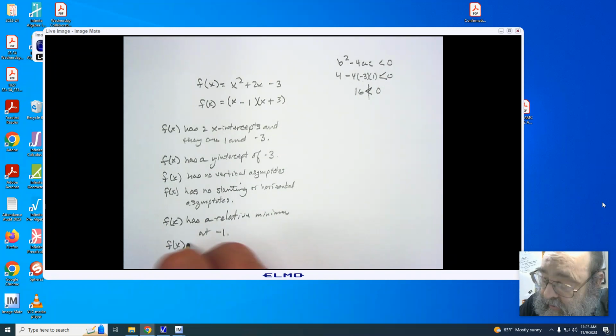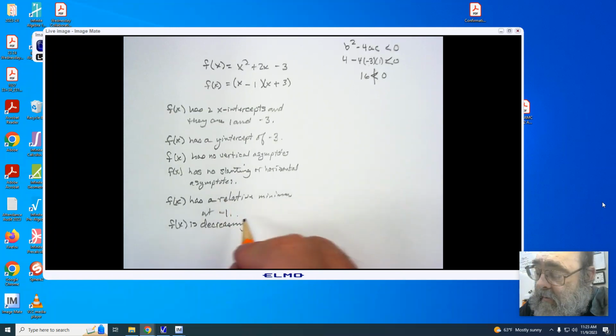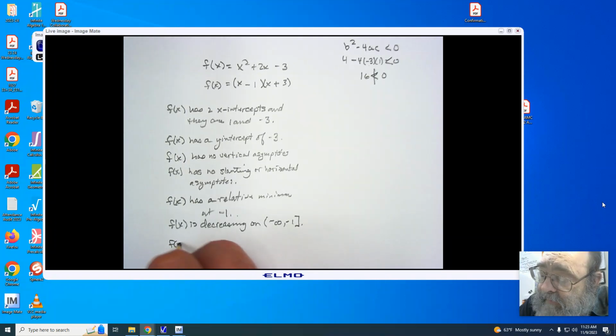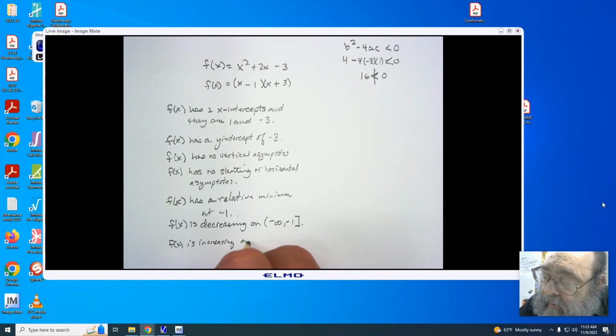F of x is decreasing on negative infinity to negative 1 with a bracket. F of x is increasing on bracket negative 1 to positive infinity.